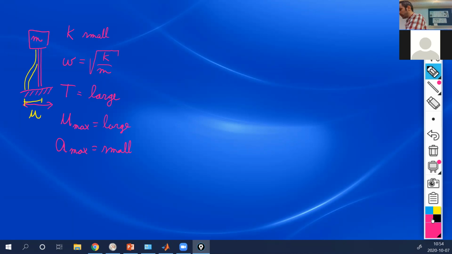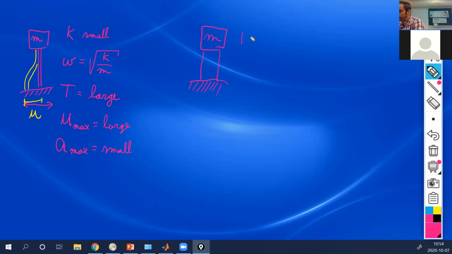Now, let's try to imagine this. Let's try to do it the same size. We have the same structure, but now much stiffer, okay? It has a very stiff base or a very rigid structure, okay?